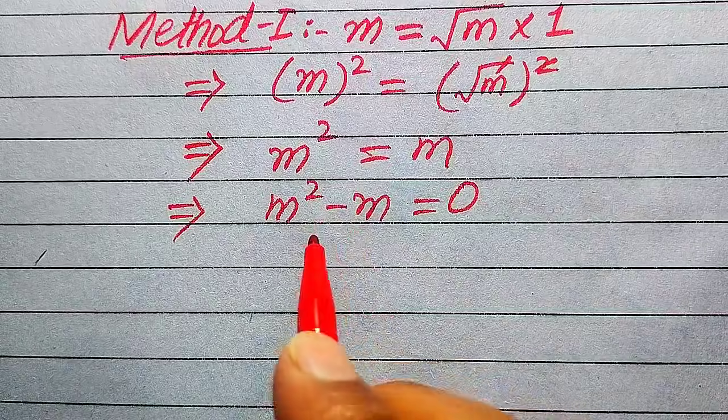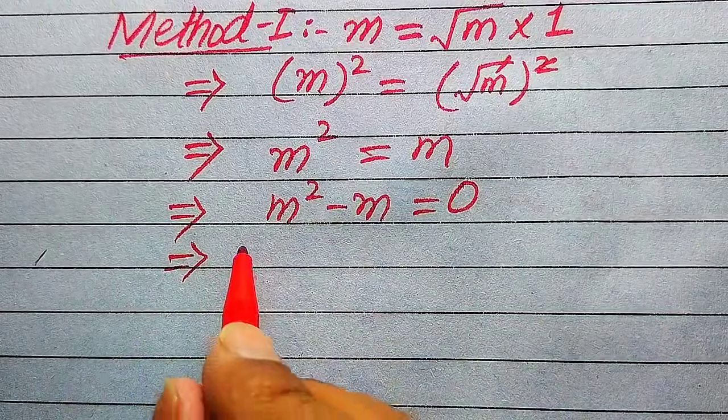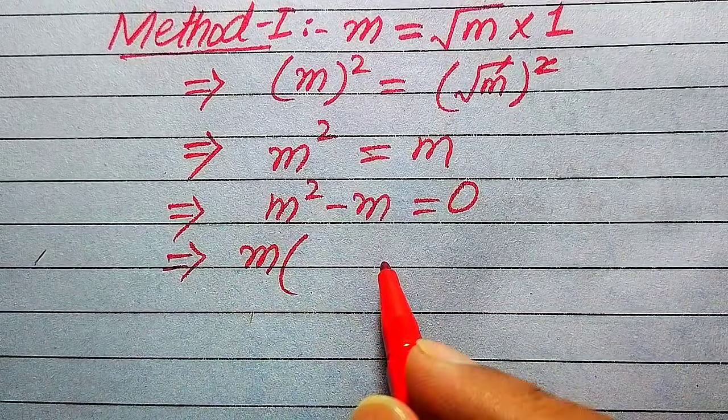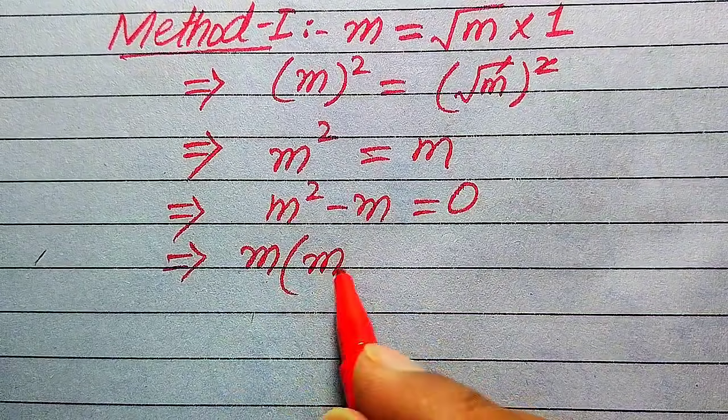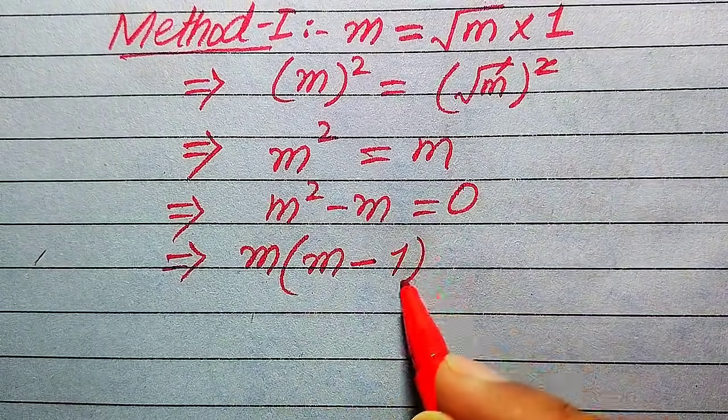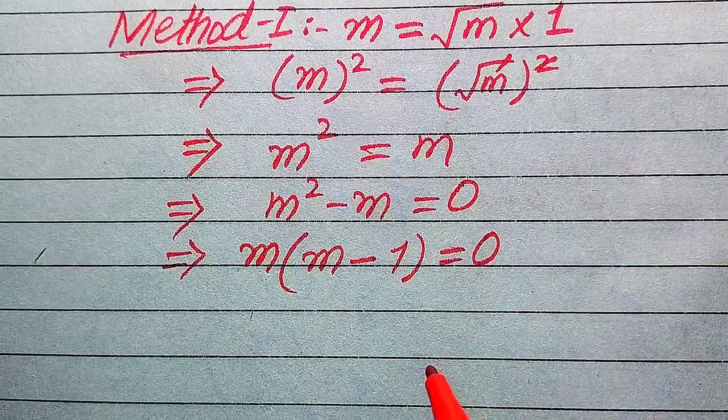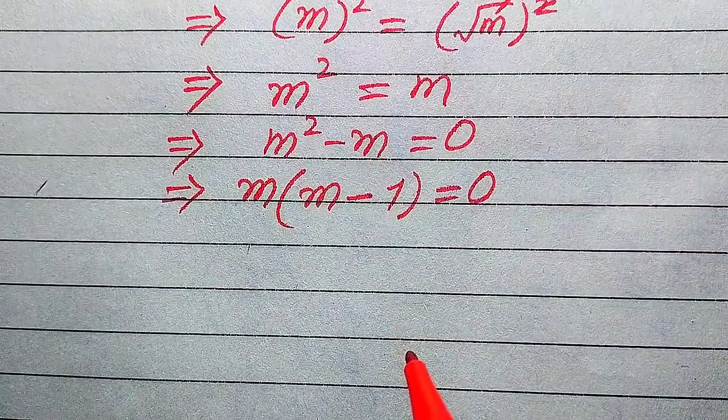Both of these two terms involve m, so we take common m from here, and we get m times m minus 1, and this whole equation is equal to 0.